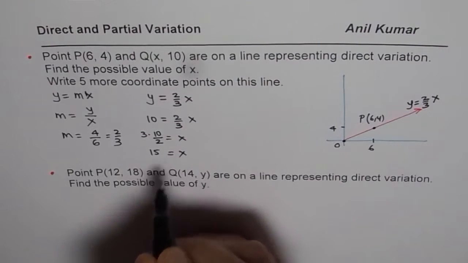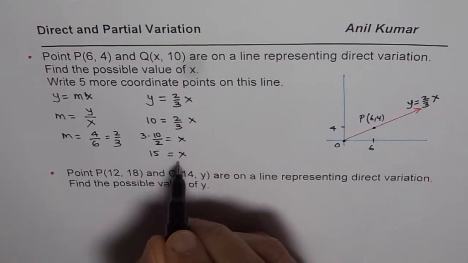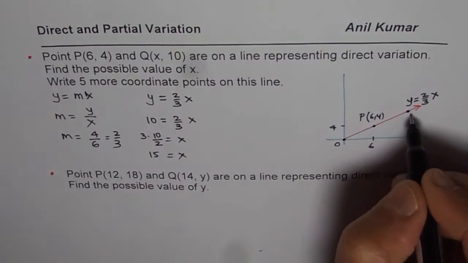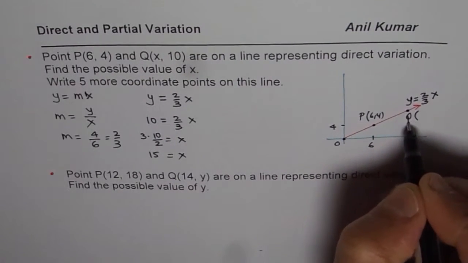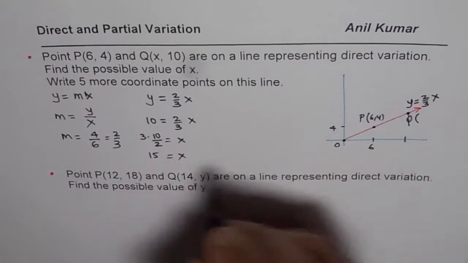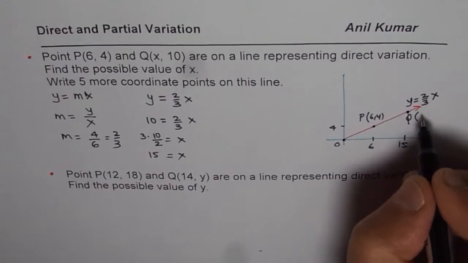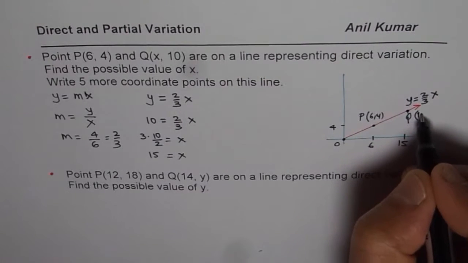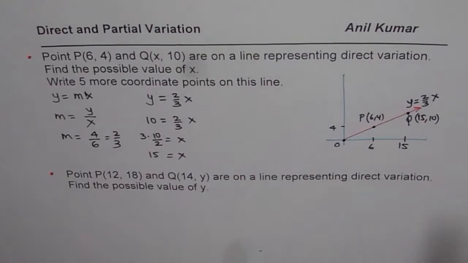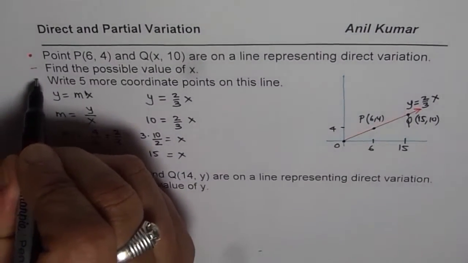So we get the x value as 15, and at x equals 15 the y value is 10. So we get our point (15, 10). Correct? That is how you could solve such a question.